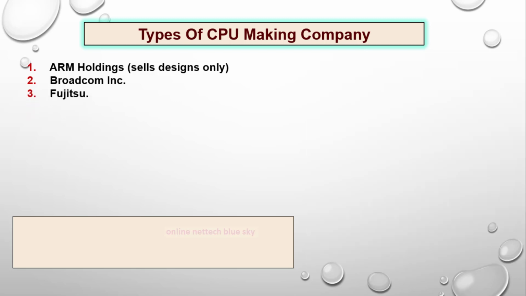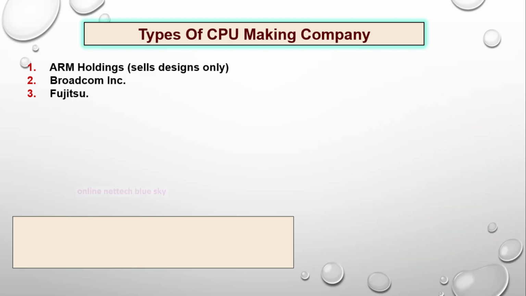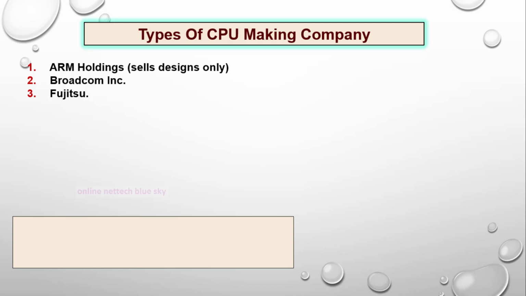Third is the Fujitsu company. This company creates some other parts, not only CPUs: some create RAM, some create motherboards, some create different types of CPU parts, and some do device designing. You can search for Fujitsu.